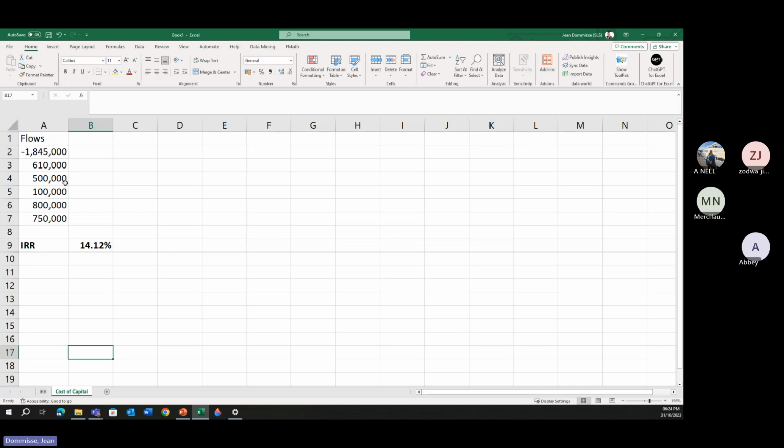So if you need to do cost of capital, just remember the component of capital that you put into the shop is added to that beginning value. So in actual fact, she put in 1.8 million.